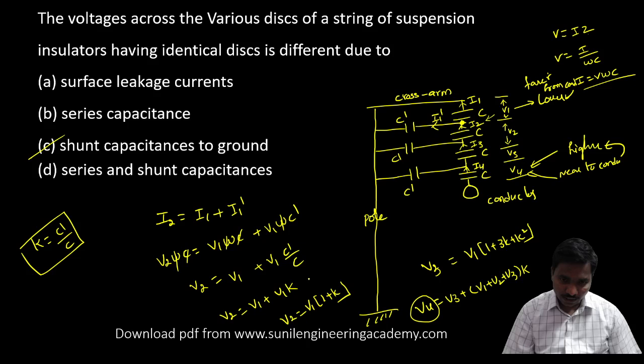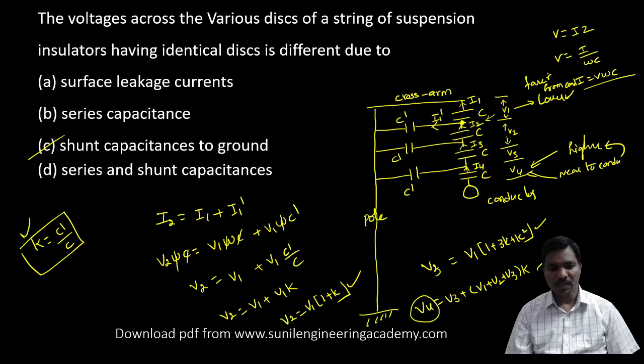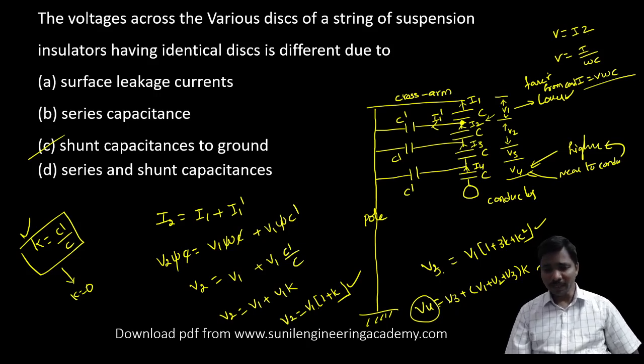So we are having different voltages because of this K. If K is equal to 0, then V2 is equal to V1, V3 is equal to V1, and V4 is equal to V3. That means V1 is equal to V2 is equal to V3 is equal to V4.